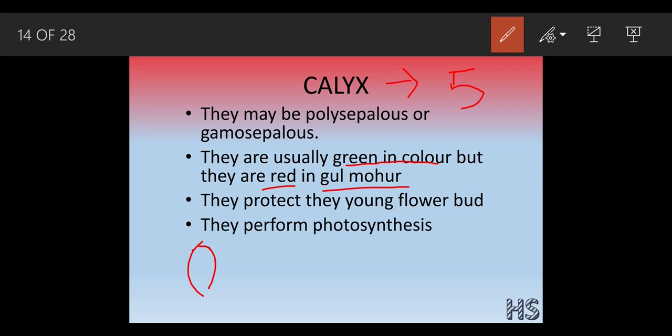It does not bloom out, and inside this calyx there is a bud. What do you mean by a bud? A bud means an undeveloped embryonic shoot which remains in a dormant condition.